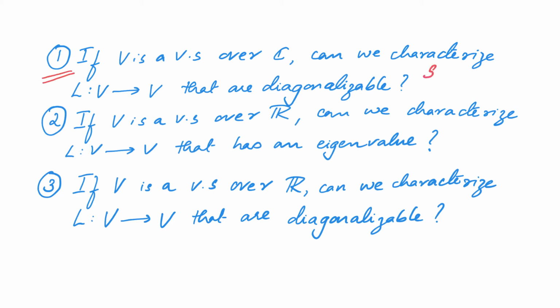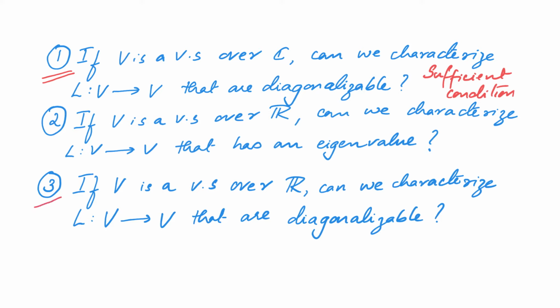More precisely, we will give a sufficient condition. In other words, we will give a condition on L that forces L to be diagonalizable. However, not every diagonalizable operator satisfies this condition.